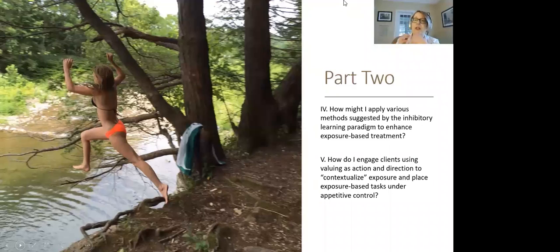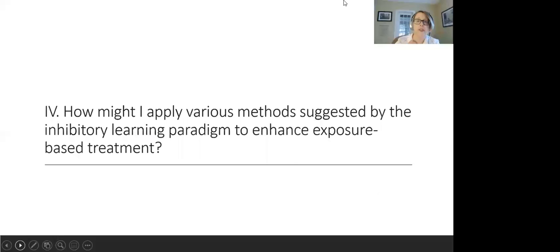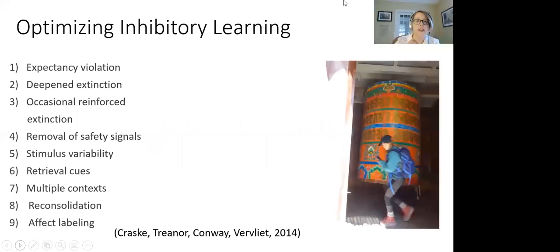So we're going to talk about how to get out of that. And we're going to talk about how to enhance exposure inhibitory learning. And then we're going to end our talk with really incorporating those values-based exposures. Okay. All right.